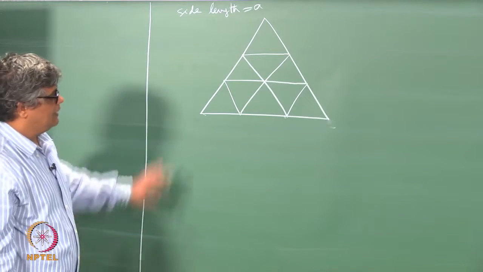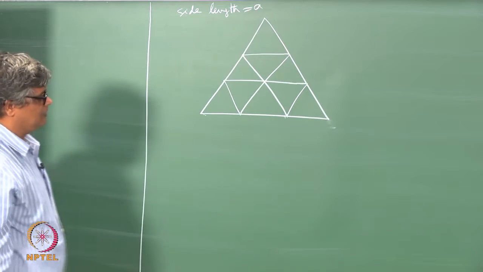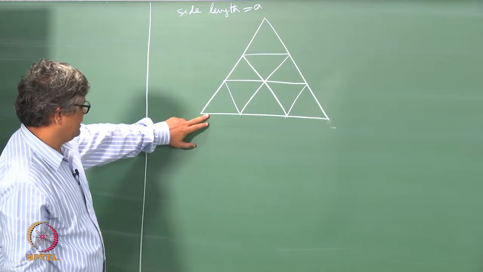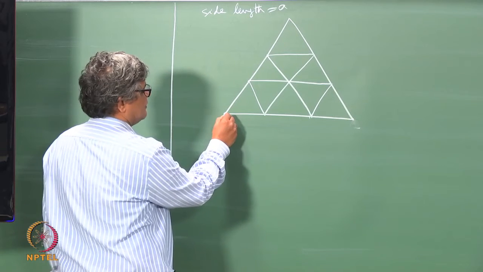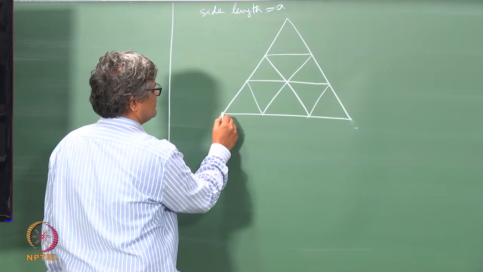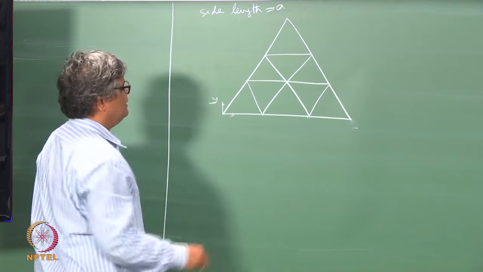So, we have 9 triangles here, a bit bigger, but otherwise they are all supposed to be of the same length like this, and we can put our origin here. This is x and y.